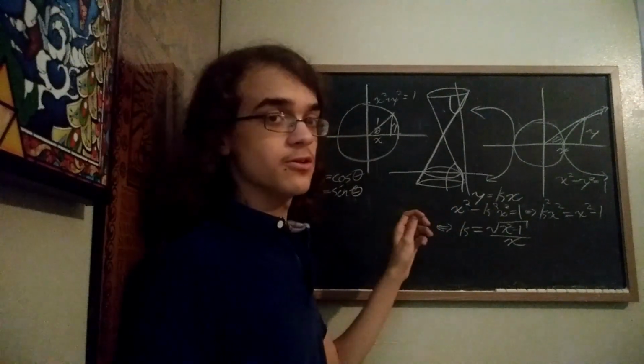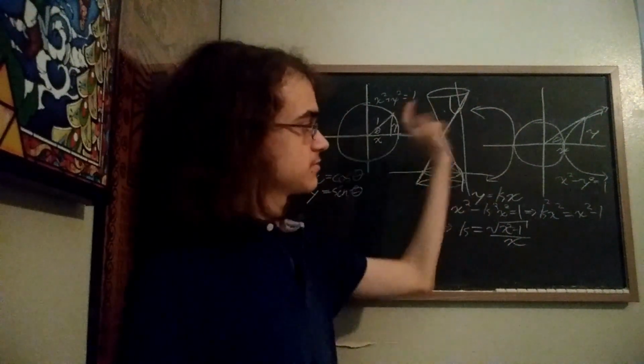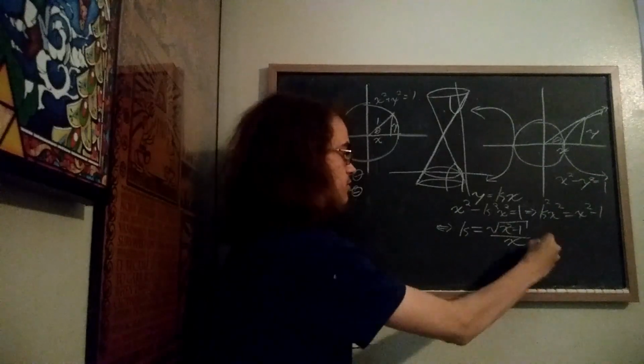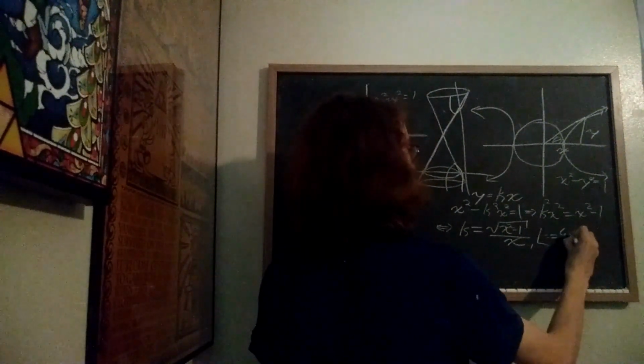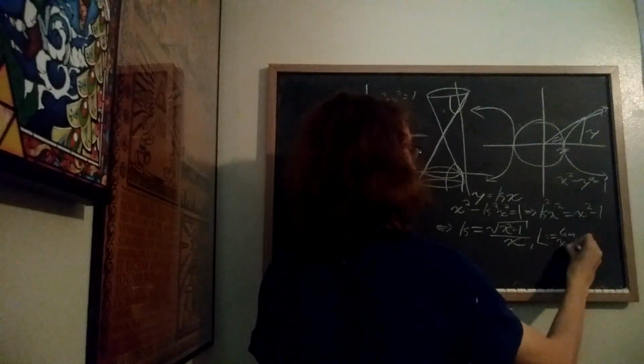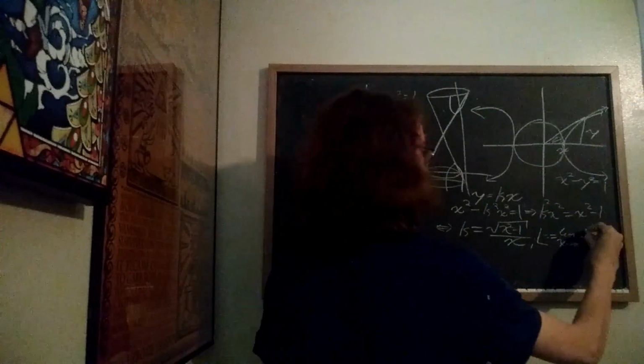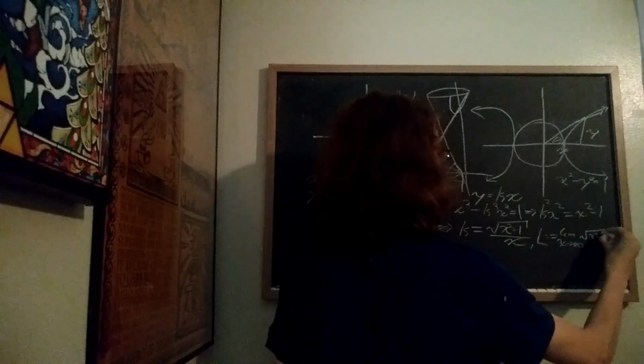Now we just need to consider what this goes to as x goes towards infinity. So we're going to set L equal to our limit as x approaches infinity of the square root of x squared minus 1, over x.